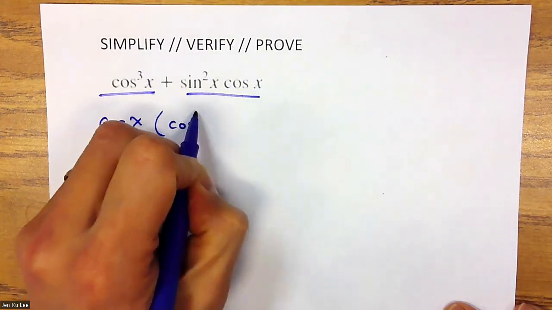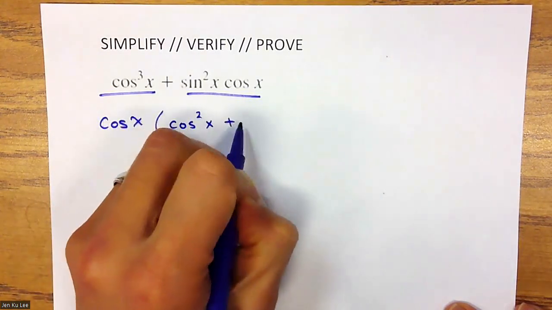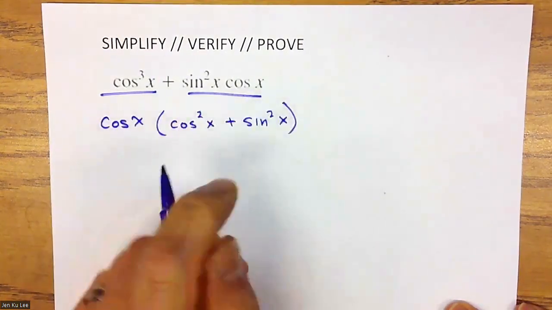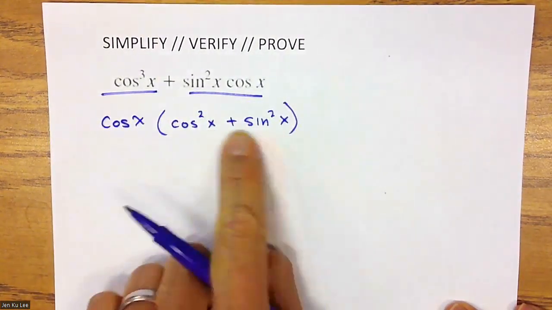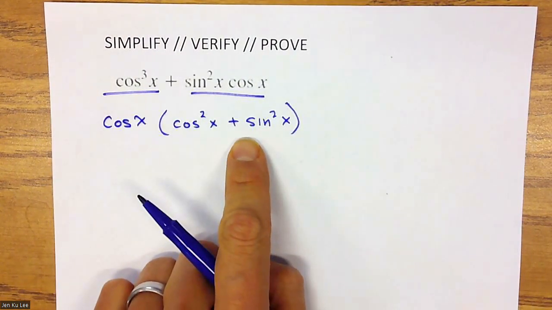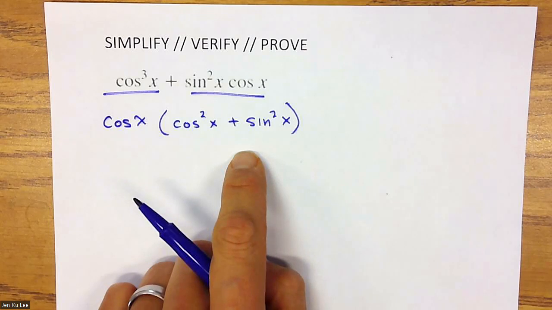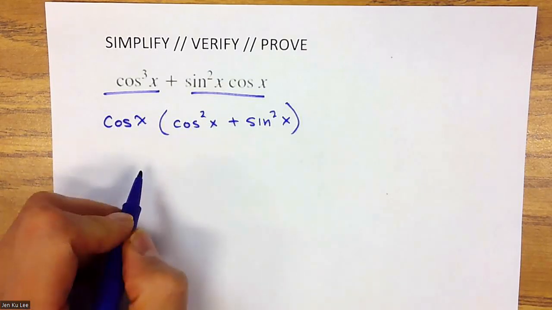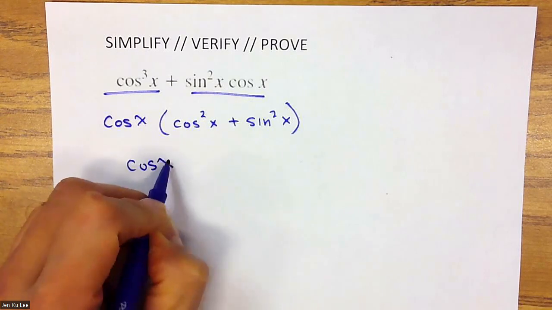So I have cosine squared x plus sine squared x. I see trig function squared, right? I see two of them. What does that equal to? 1. Yeah. So it's cosine times 1, which is just cosine.